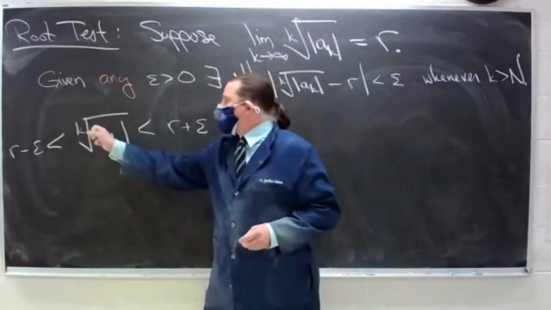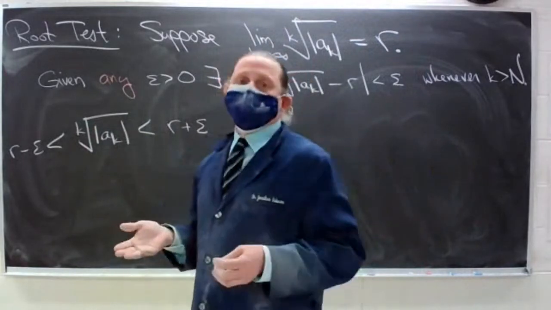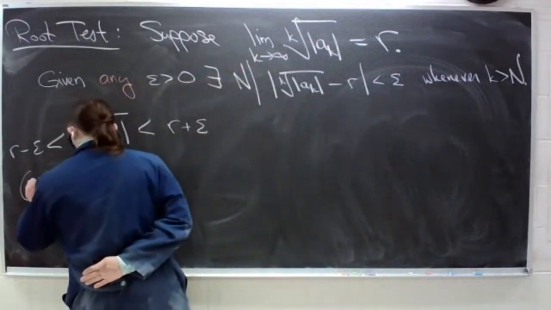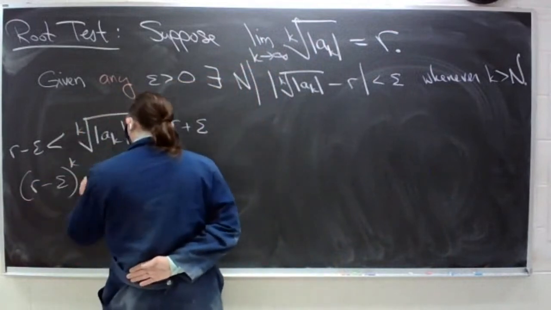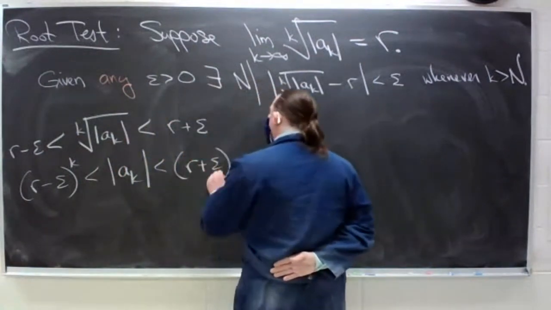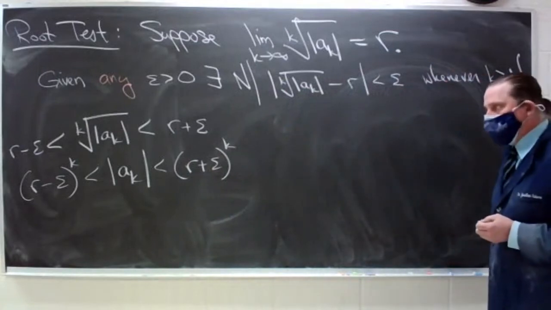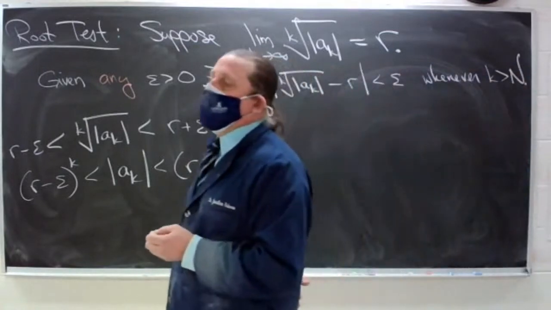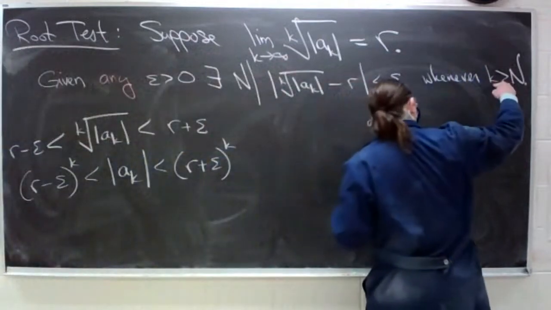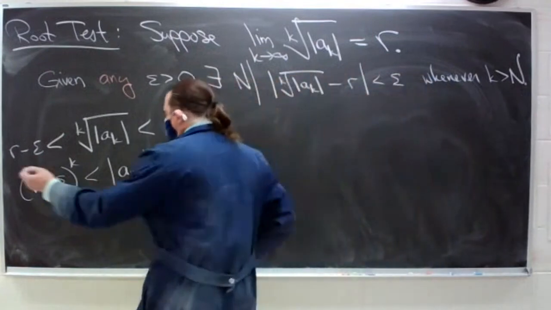Now, if all three sides of this inequality are positive, then I can take this inequality to the kth power. And now I can sum. This was valid whenever k was greater than capital N. So now I'm going to sum.